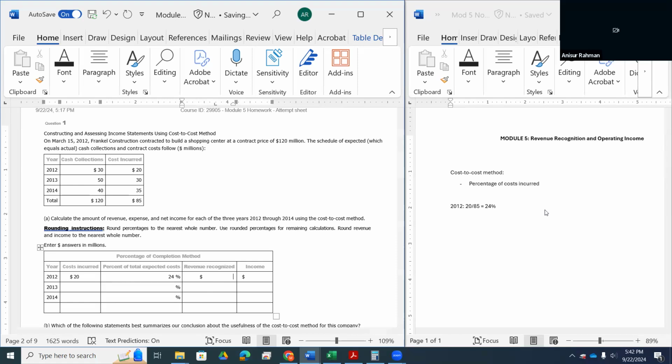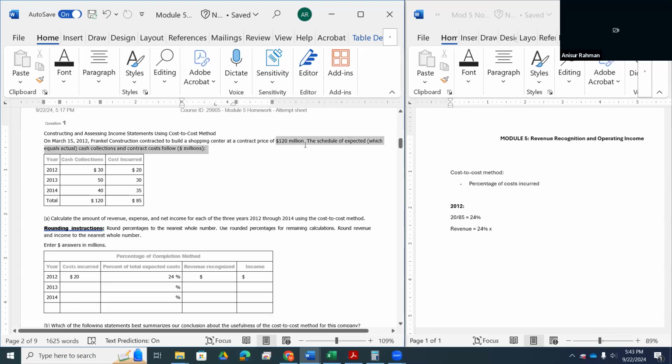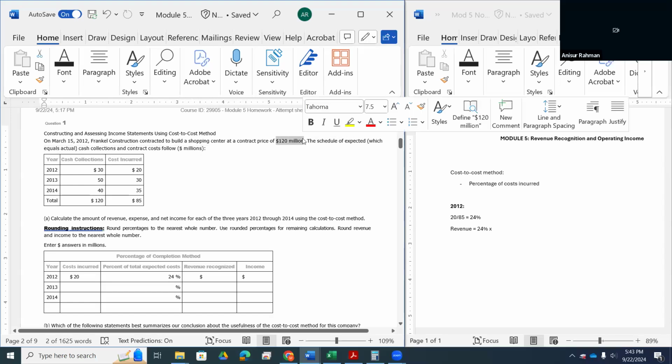Now to calculate revenue, we have to take this cost incurred percentage, so 24%, and multiply by our total revenue, which is 120 million expected revenue.